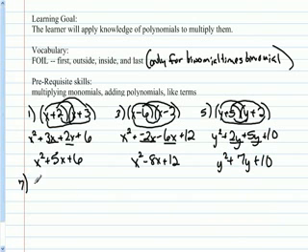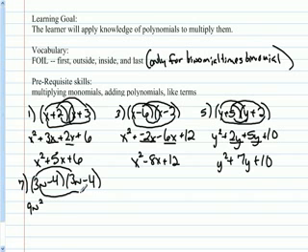Number 7. 3n minus 4 times 3n minus 4. First is going to be 3n times 3n, which is 9n squared. Outside is 3n times negative 4, which is negative 12n.